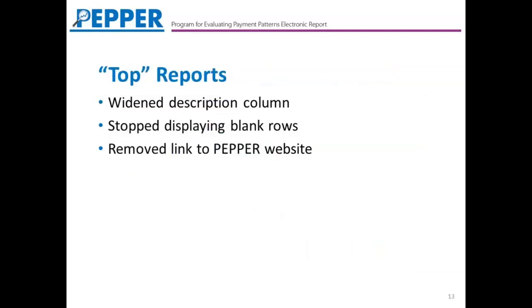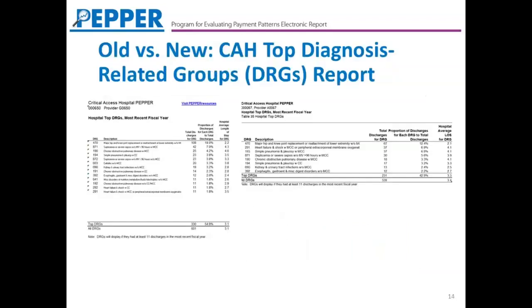Moving on to the top reports. And again, in this example, this is a critical access hospital top DRG report. You can see that we have widened the column for the DRG description. We are no longer displaying the blank rows. In the old version on the left, you can see that there are a number of blank rows.